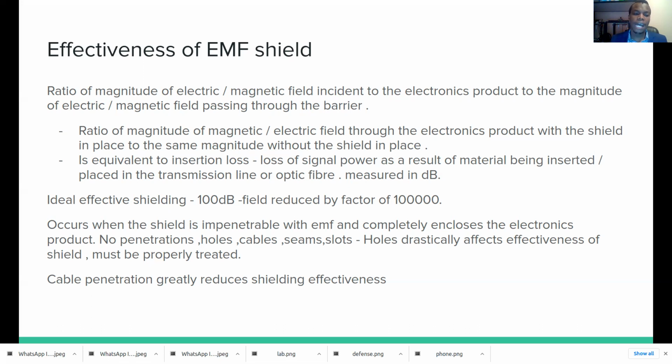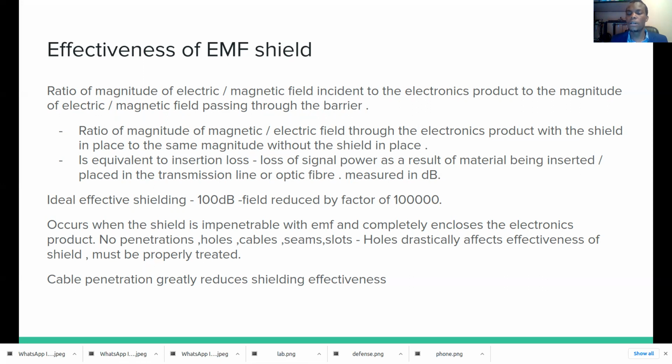It occurs when the shield is impenetrable. For example, we have the shield here. When it is impenetrable, it means that the electromagnetic field incident to that shield cannot pass through it. It can also happen when the electronics is completely enclosed, with no penetrations, no holes, cables, seams, or slots.